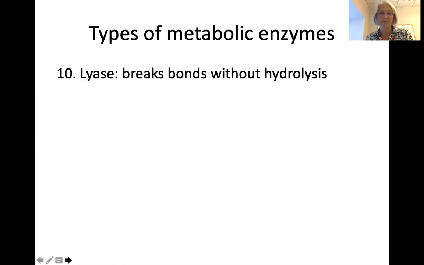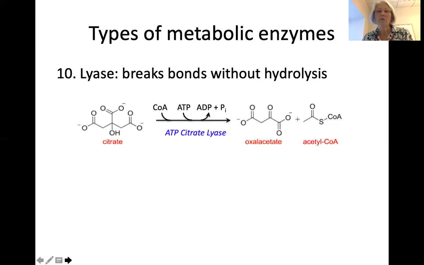Right, and the final type of enzyme we'll talk about is a lyase. This is a type of enzyme that breaks bonds without activating water to hydrolyze them. So one example is ATP citrate lyase, sometimes also called citrate lyase. This is an enzyme that breaks cytosolic citrate into oxaloacetate and acetyl-CoA.